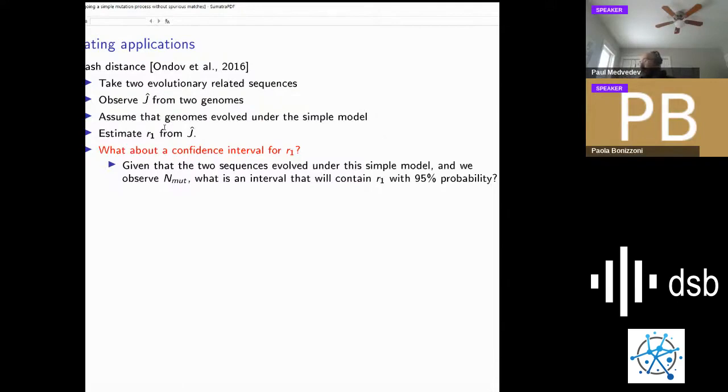A point estimate is of course really great and useful, but wouldn't it be nicer to have a confidence interval instead? What that means here is that you're given these 2 sequences that evolved under the simple model, and you've observed some number of mutations. What is an interval that will contain R1 with 95% probability? For example, R1 could be between 0.1 and 0.2 with 95% probability.